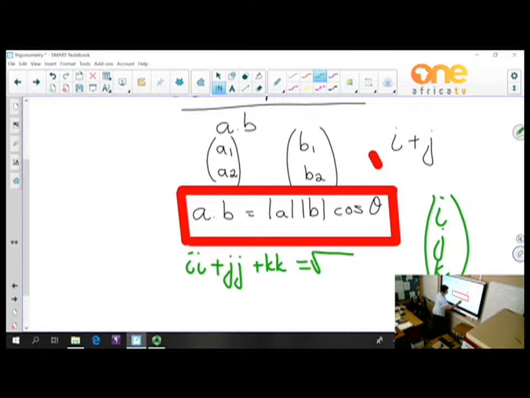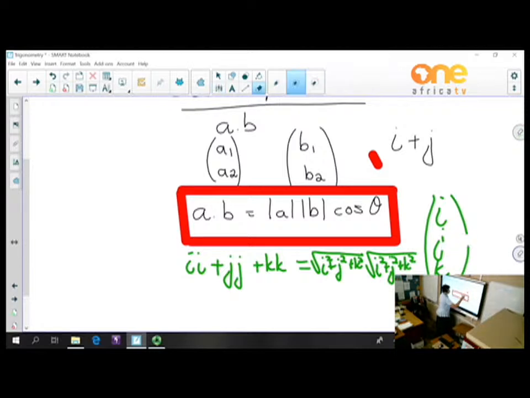Then you have magnitude A. Now the magnitude is the length of your one vector, your first vector, which is then I squared plus J squared plus K squared. Then we multiply it with the second vector, so it is also I squared plus J squared plus K squared.